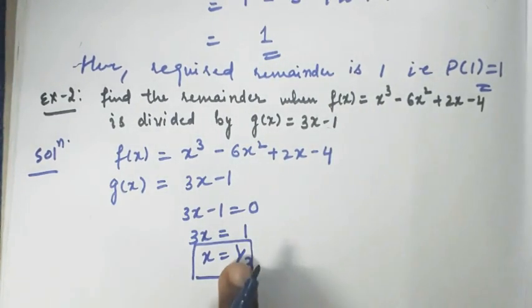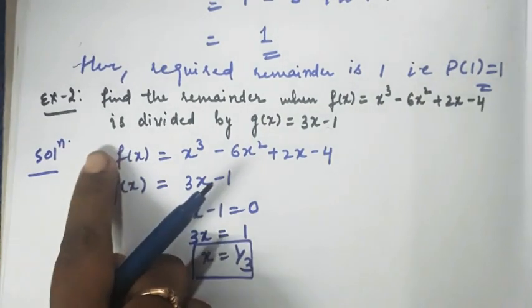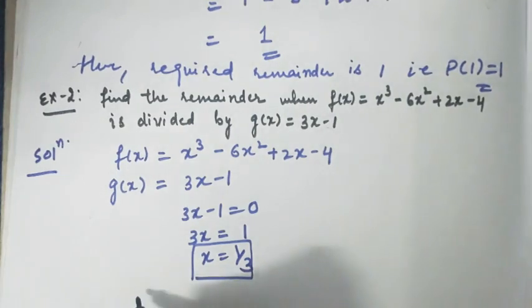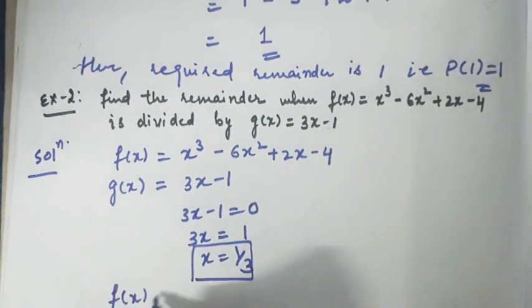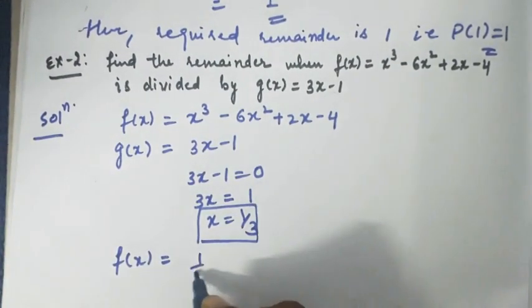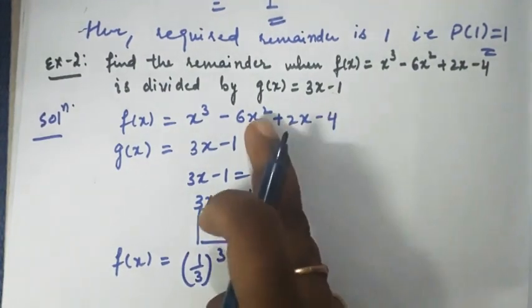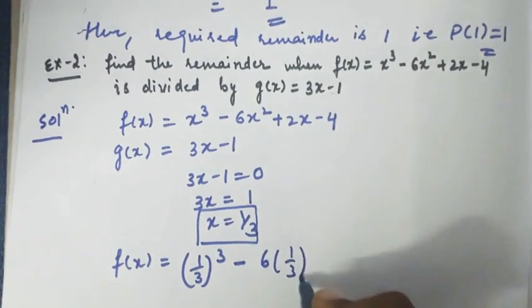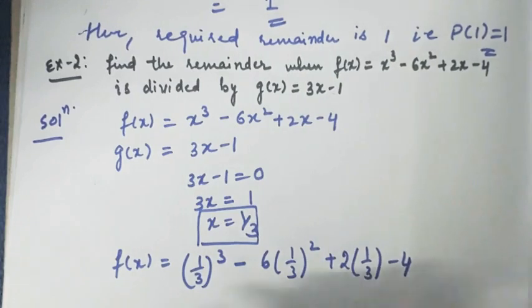Now the next step is we need to substitute the value of x in the polynomial. Instead of x we need to substitute 1 by 3 in the polynomial f(x), that is x cube. We substitute 1 by 3 whole cube, minus 6x square. Instead of x square we substitute 1 by 3 whole square, plus twice of 1 by 3, minus 4.